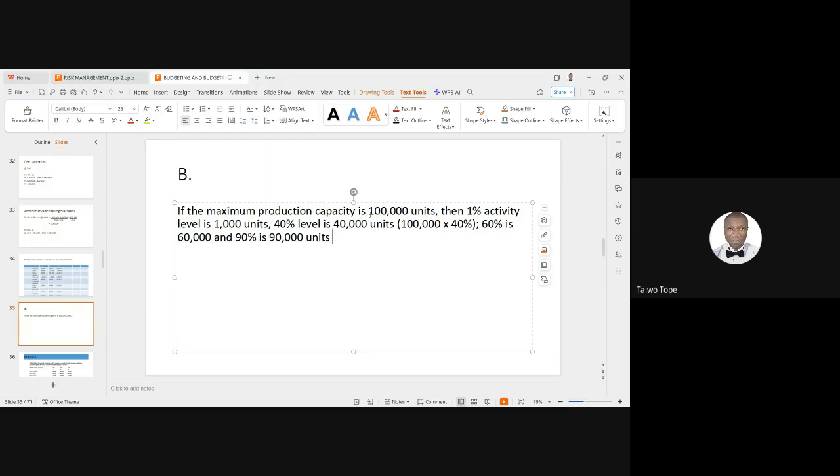So you can now show that at 40% activity level, it will be what? That is based on our sales, 2,702,000 divided by 40,000. Your selling price per unit will now be what? 67.6.